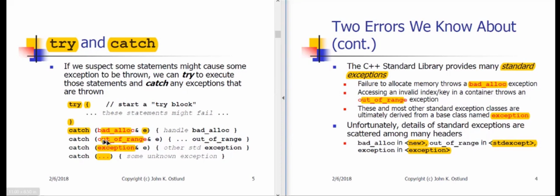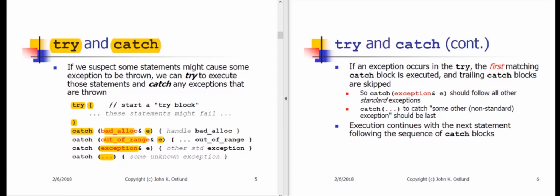Likewise, if an out of range occurred, the out of range exception will be available to us through this reference e, and we can try to figure out why the out of range occurred, and so forth. I don't mean to imply that there's anything special about this name e. That's just the name that I happen to choose for the parameter for the catch block. But of course you could choose some name other than e.